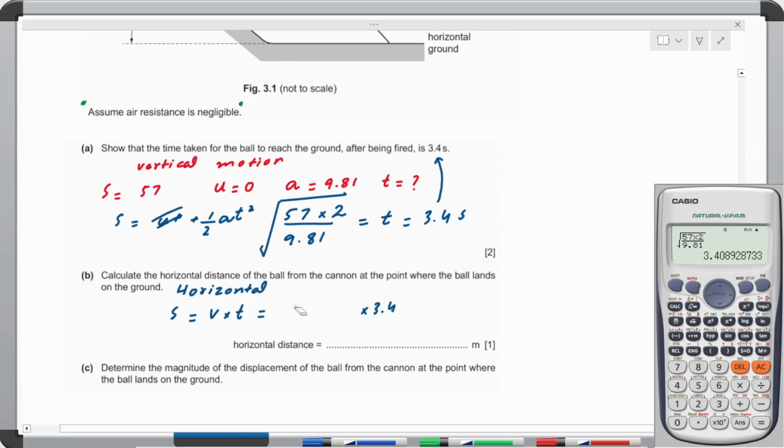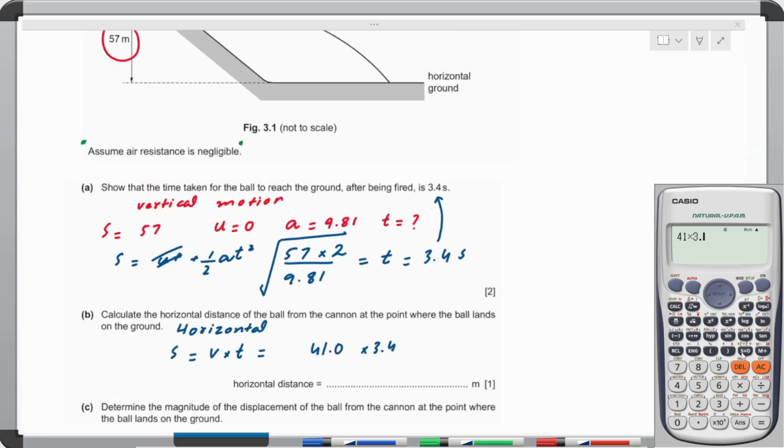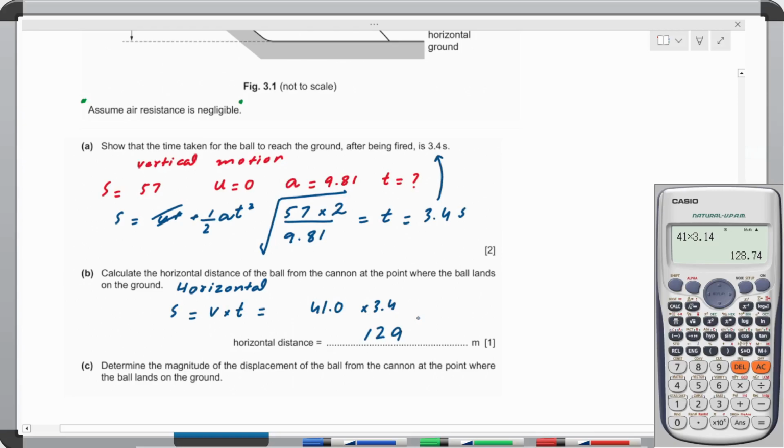We hit it on the calculator, and the answer that we get is 129. In 2SF you can even write it as 130. In 3SF would be 129.